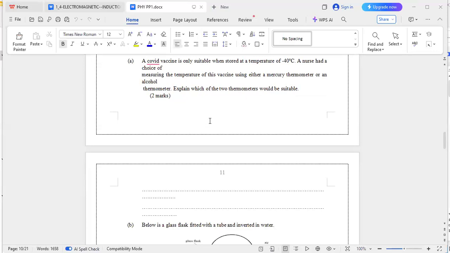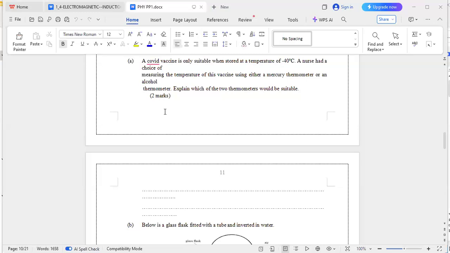So the answer is the alcohol thermometer, and the explanation is that it has a lower freezing point. Not mercury, but alcohol.